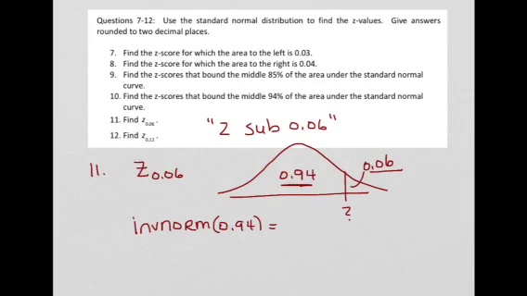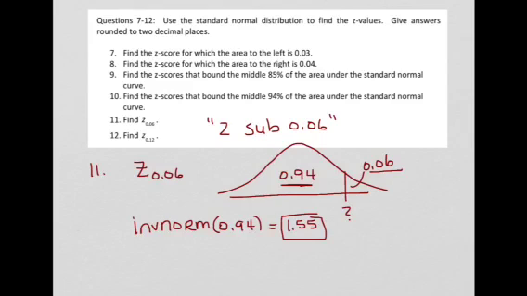I could find inverse norm of 0.06, that's going to give me a negative answer, but otherwise it's a good answer, so I would just then take off the negative, and that's my answer. So here I put this in, I get 1.55. If I had done inverse norm of 0.06, I would have gotten negative 1.55, and then I just take the negative off of it, so there you go.